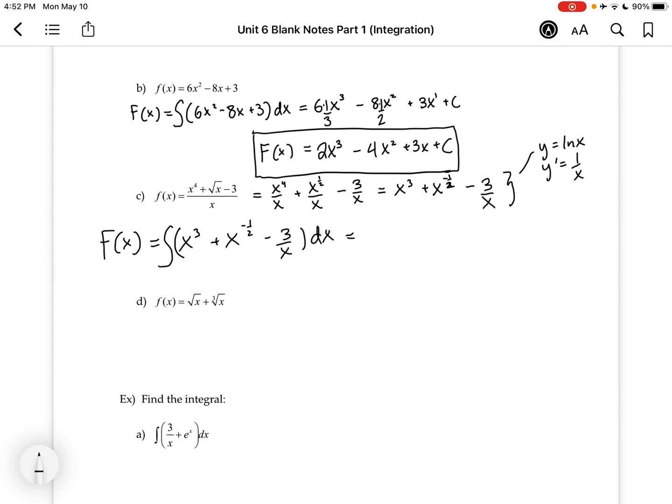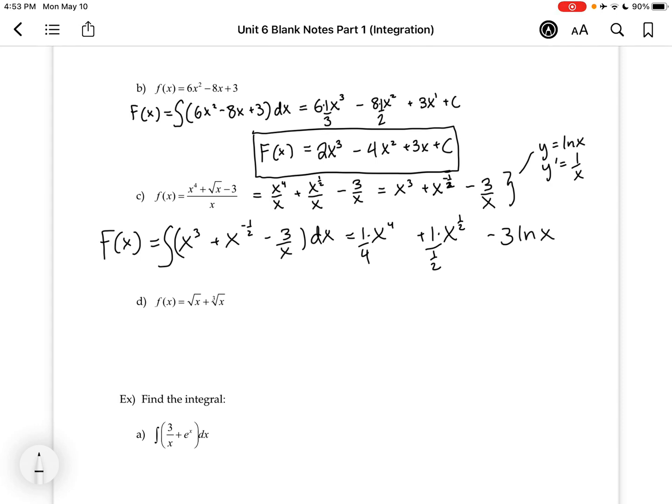The x cubed is going to be x to the 4 times 1/4 plus the x to the negative 1/2. So we have to add 1 to the negative 1/2. So that's going to be x to the 1/2 times 1 over 1/2. And then the minus 3 over x is minus 3 ln x.